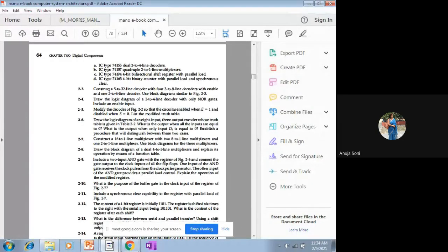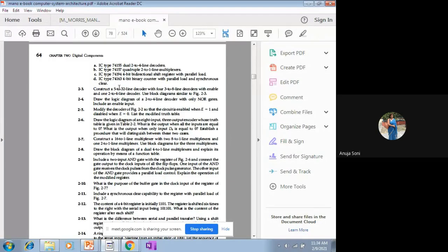The statement is: construct a 5 to 32 line decoder. So how many input lines are there for the decoder to be constructed? 5 input lines. So 5 input lines means obviously how many output lines will there be? 2 raised to the power 5.